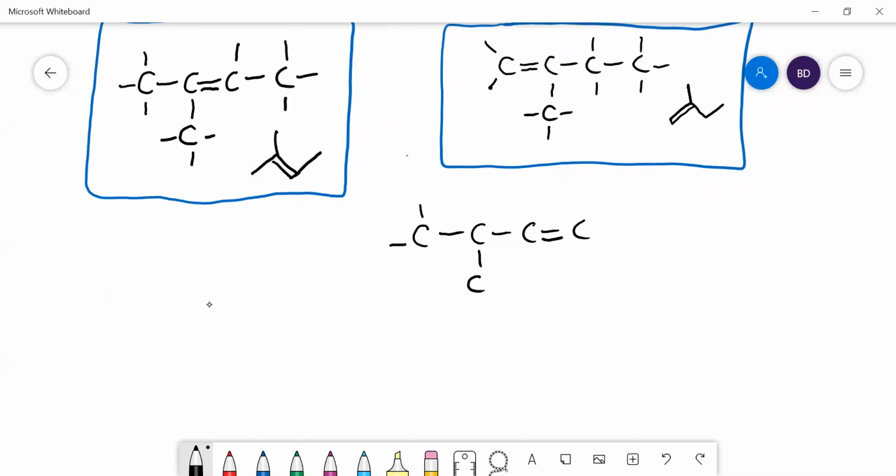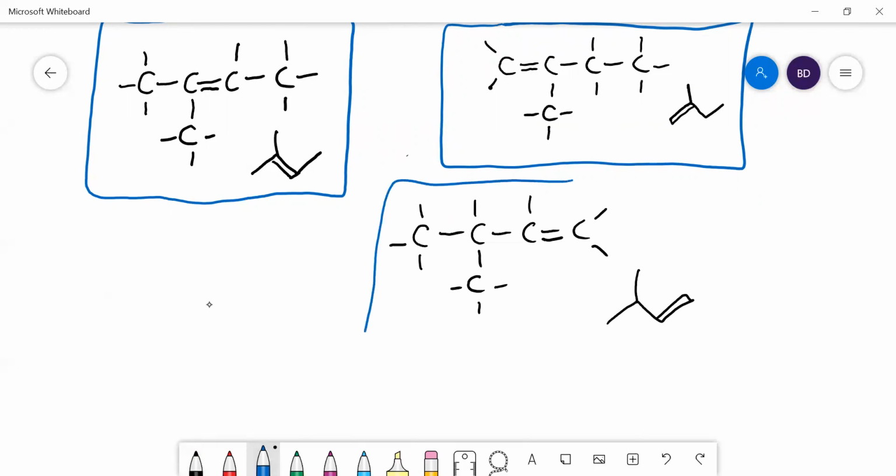So 3 hydrogens on that one, 3 on that carbon, 1 on that, 1 on that, and 2 on the end one. Draw a skeletal formula for that. We've got that there, and we have got the double bond there.